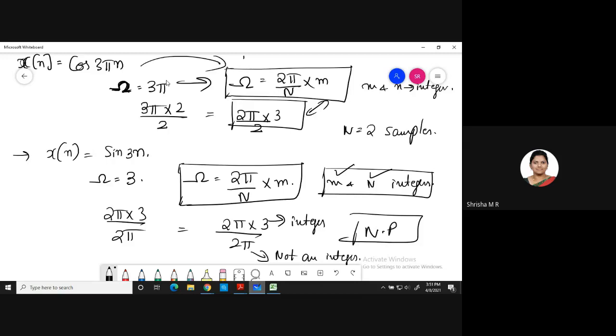The previous one was a periodic signal with n equal to 2 samples. But if you have omega as a function of an integer, then the signal is non-periodic. Got it?